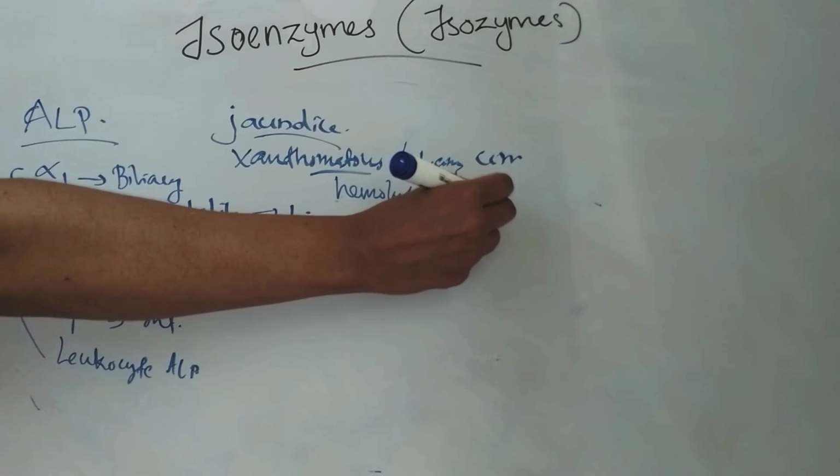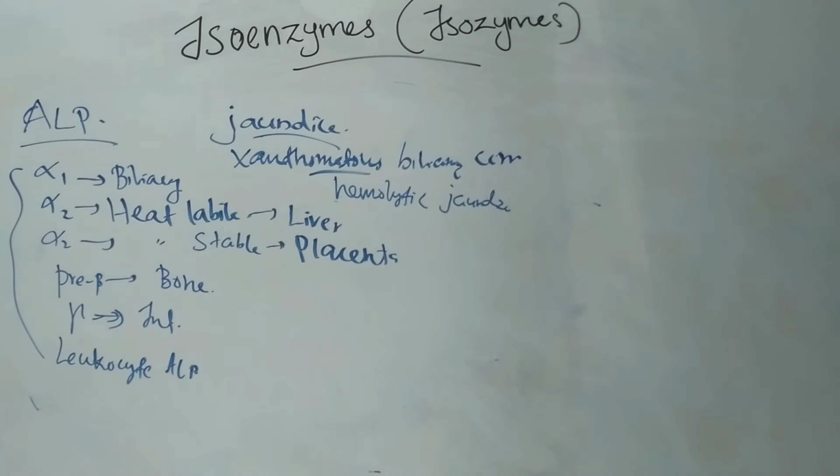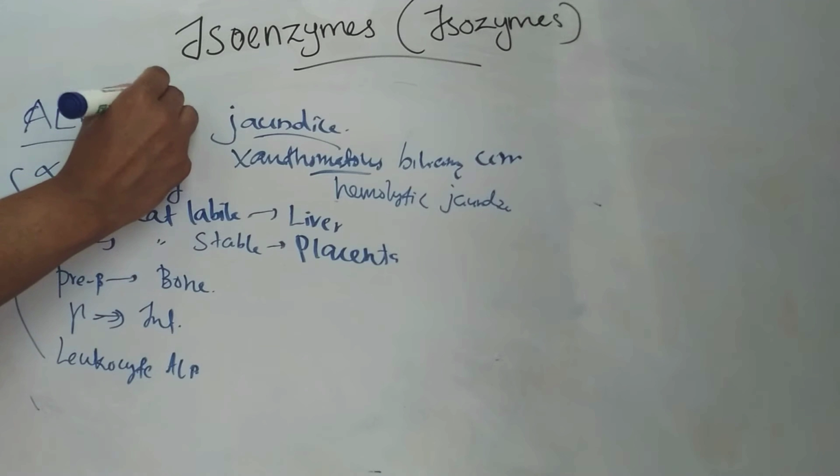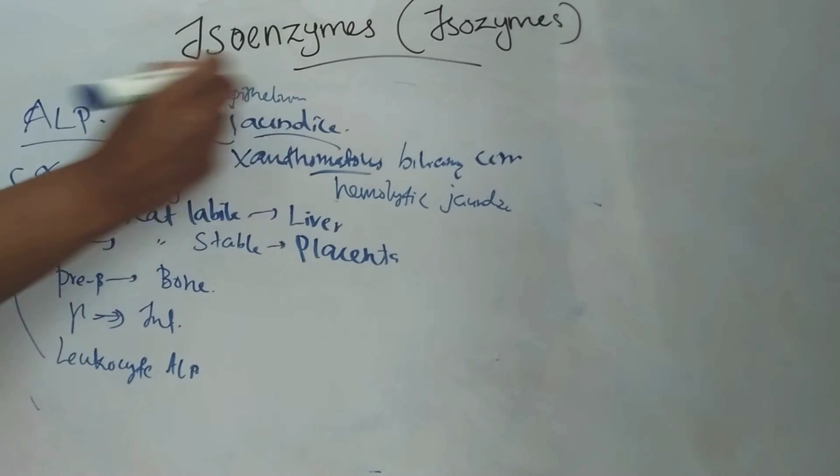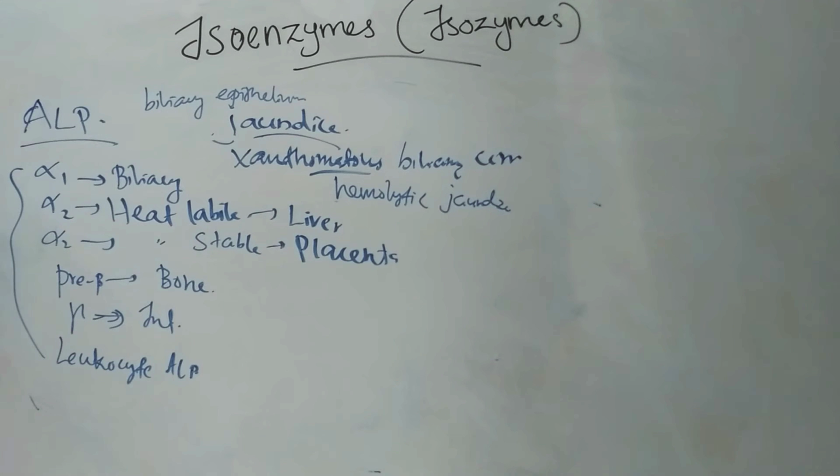ALP is mainly present on biliary epithelium. So, these are the 6 main isoenzymes.